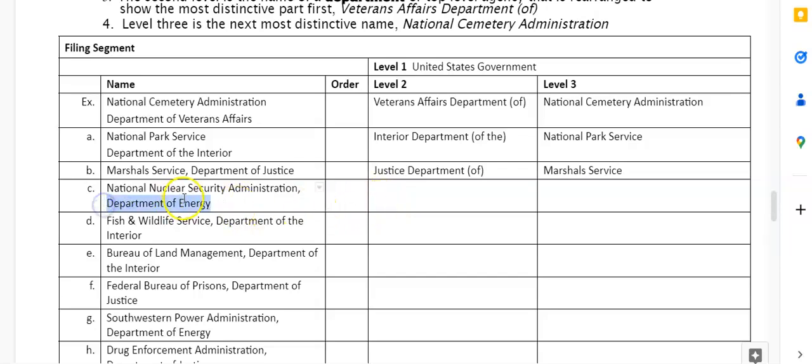So this is what I want to focus on for level 2. Energy is the most distinctive name of the department. So Energy, Department of is my level 2. For level 3, that's National Nuclear Security Administration.